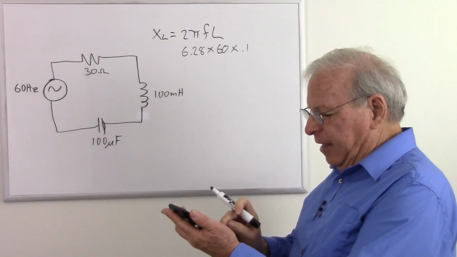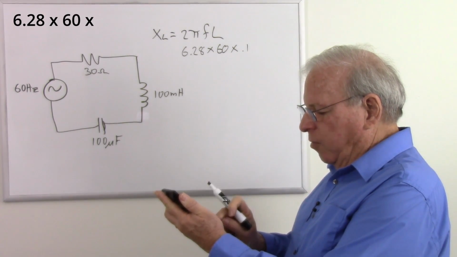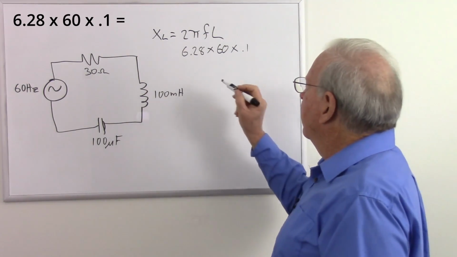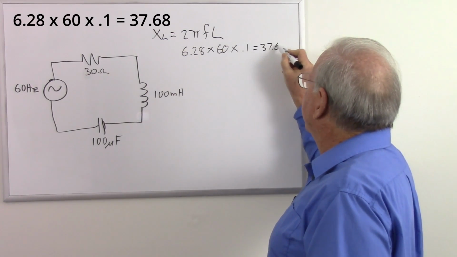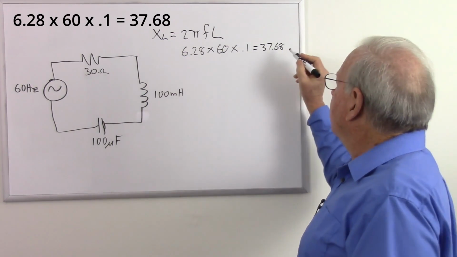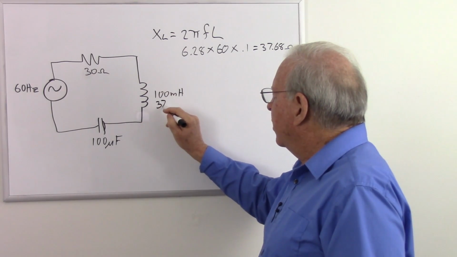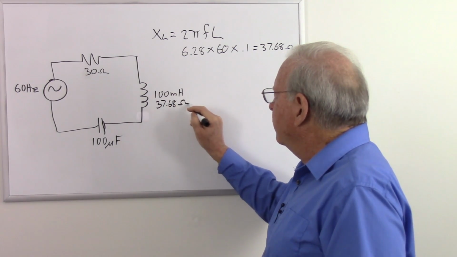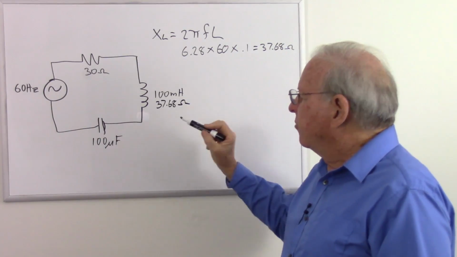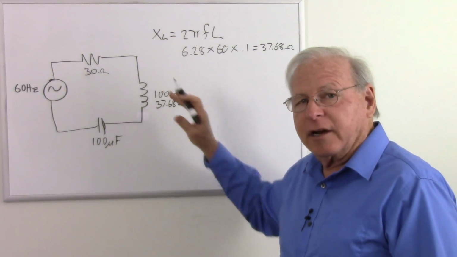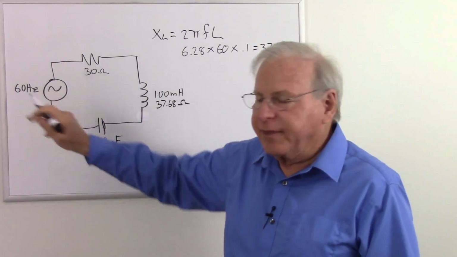So we just simply do the math there. 6.28 times 60 times 0.1 equals, and we get 37.68 what? Ohms. So our inductive reactance is 37.68 ohms. So now we know at 60 hertz, this inductor will have 37.68 ohms of inductive reactance. So it acts sort of like a 37.68 ohm resistor at that frequency.